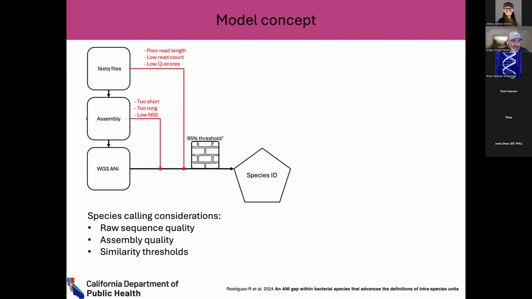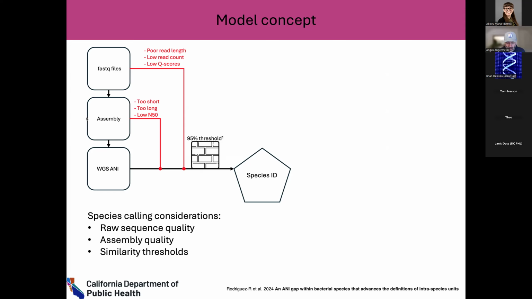Similarly with the assembly, if we get an assembly that's too short, indicating we don't have enough length coverage of the genome we're trying to assemble, we're not going to get a good enough whole genome sequence ANI. That's really important because ANIs often don't take into account the relative lengths of your query genome and your subject genome. It just looks at the similarity of the overlapping areas.